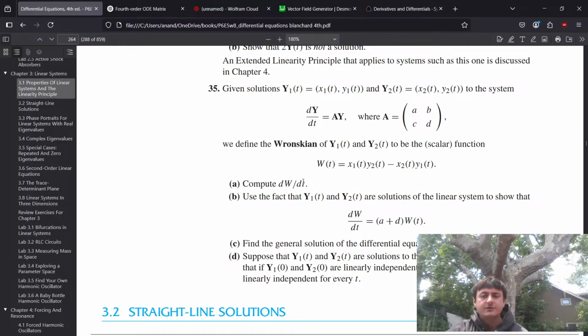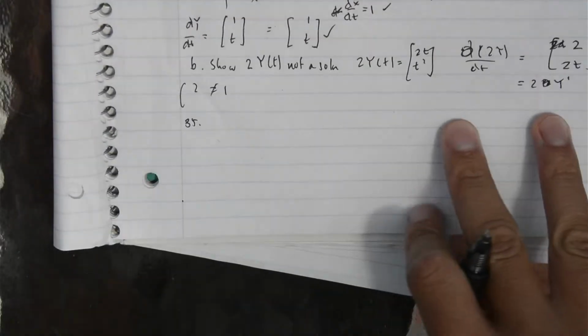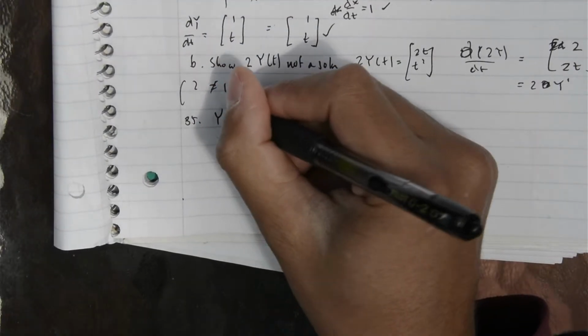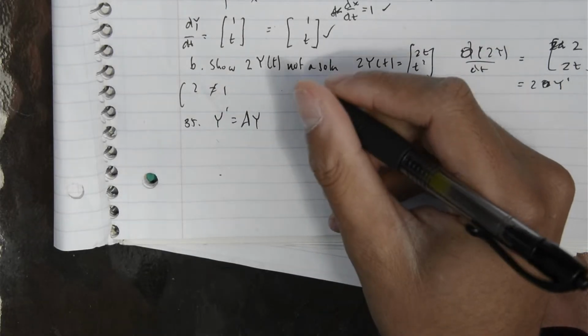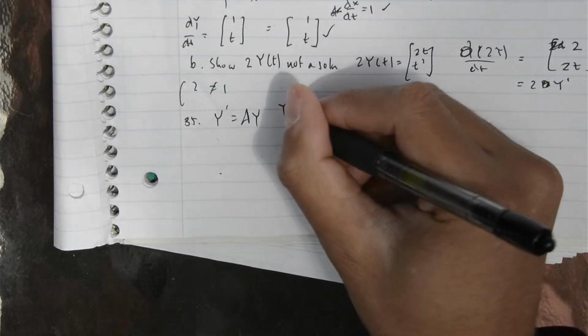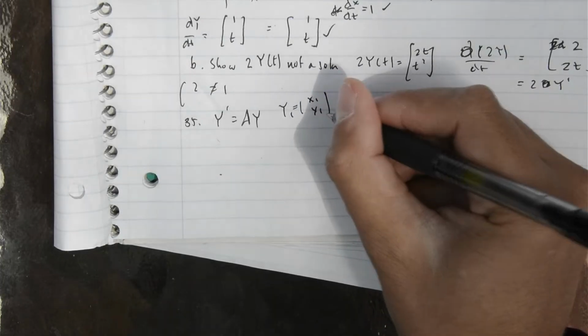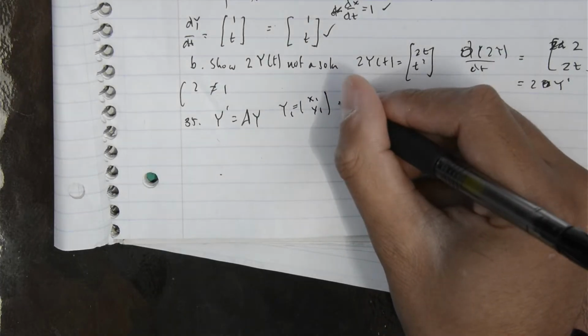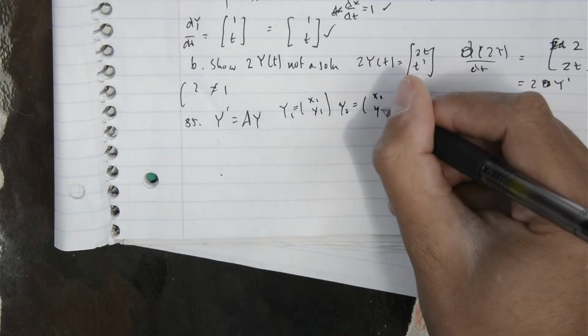All right, fine, we'll do that really quick. It's not going to take that long. So we have y prime is equal to Ay, where y1 is equal to (x1, y1) and y2 is equal to (x2, y2).